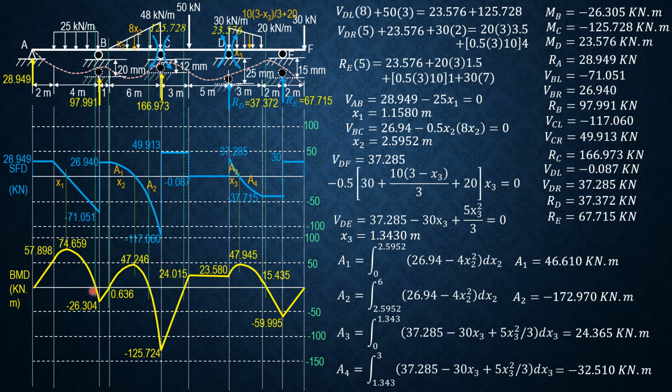Let's then project zero moments as points of inflections above and prepare the elastic curve. So this will be the expected elastic curve. Note that it passes over the supports, the settled supports. So that's it for this problem.